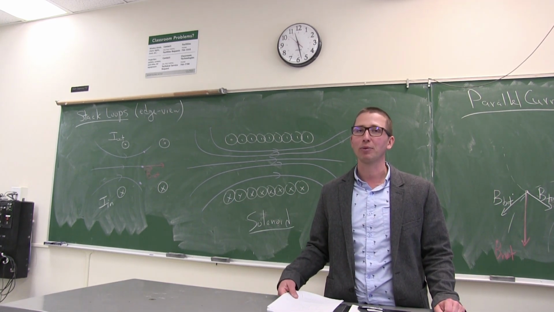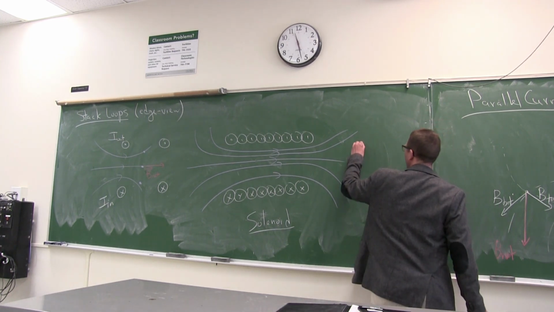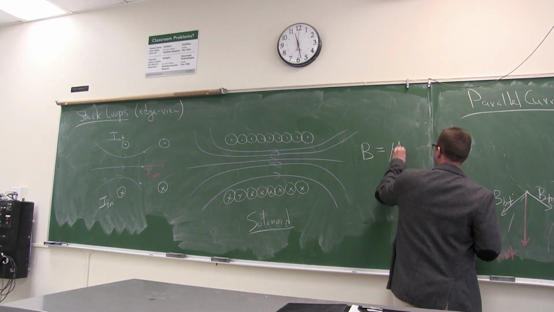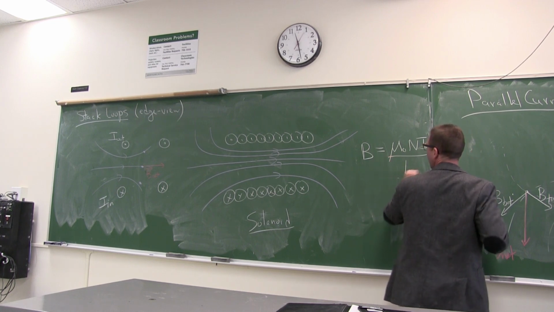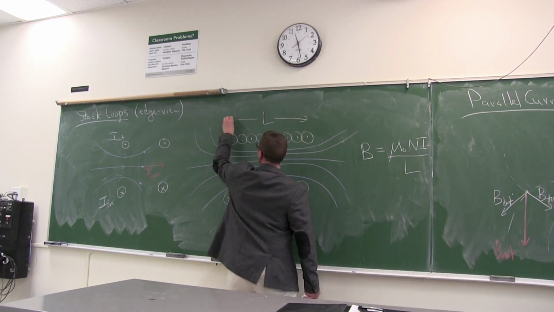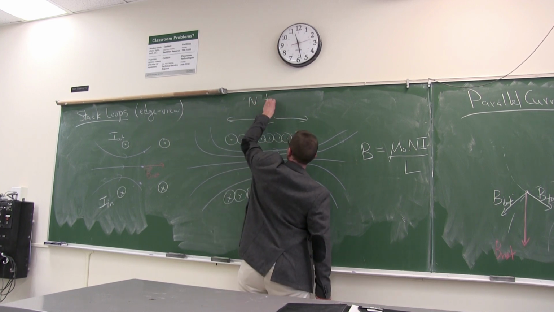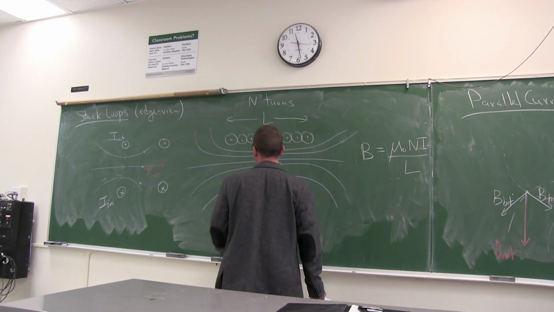That field inside would become completely uniform, with a value which we'll work out later: mu naught n I over L, where L is the length of the solenoid. There are n turns, and the current for each loop is I.